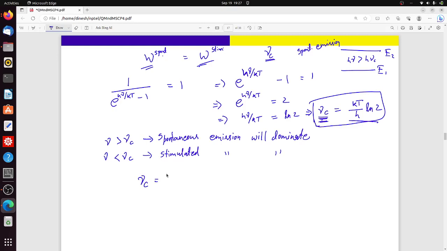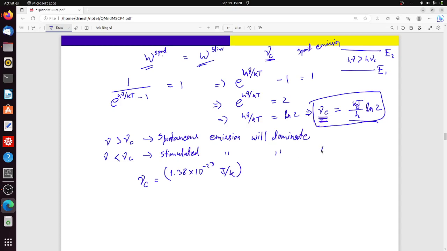Do you know the value of k? This is the Boltzmann constant. It is 1.38 into 10 to the minus 23 joule per Kelvin. You can check it on the internet.